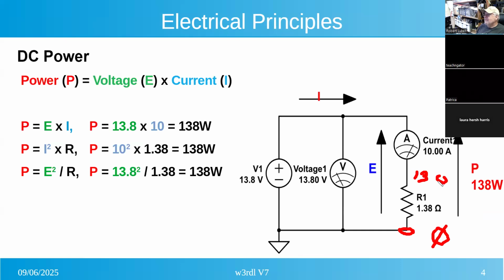How is the voltage 0 at the bottom? Is the voltage moving up through the resistor? Like, how does it gain? It's the voltage across it. So if you measured it from this point to this point with a voltmeter, you would see 13.8 volts.